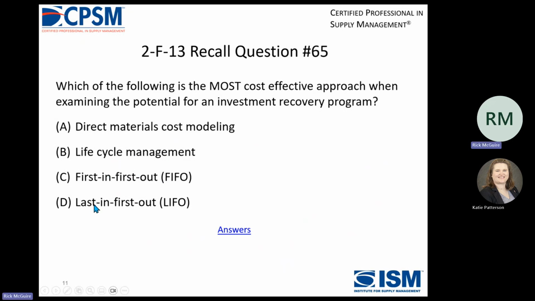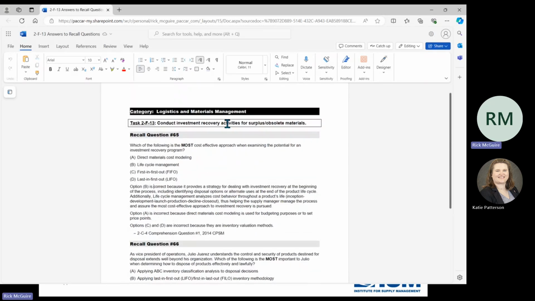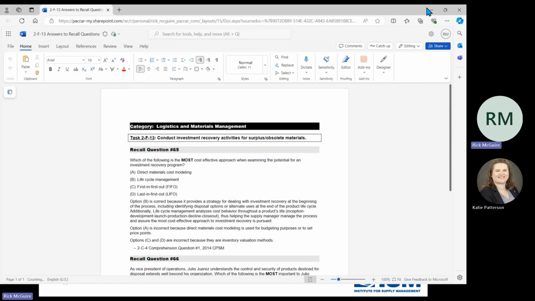First in, first out, last in, first out, these are accounting conventions. Most cost-effective approach, Bravo, right? Yeah, it's the only one that makes any sense to me, but that doesn't mean it's wrong. Let's see what they have to say. Bravo it is, though.